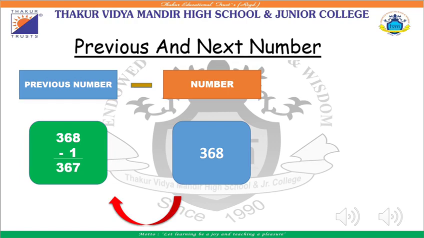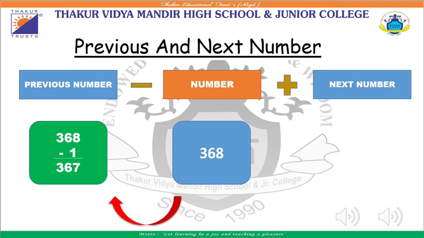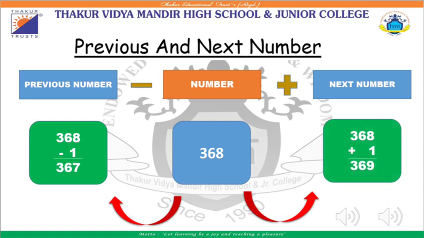I will get 367. In the same way, to find the next number, I will now add one number to 368. So 368 plus 1 will be 369.